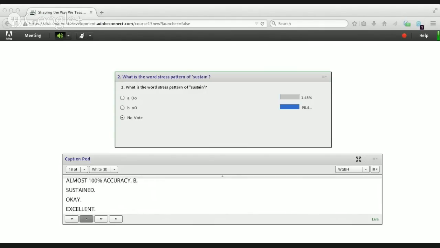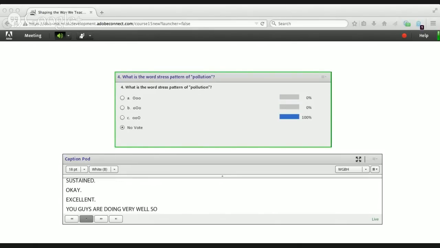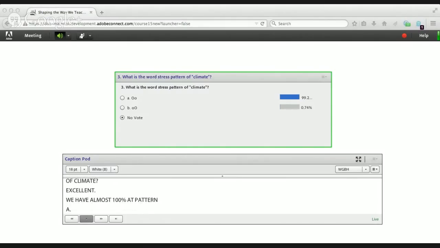Number 3. Here we go. What's the word stress pattern of climate? Da-da, climate. Excellent. So we have almost 100% at pattern A. Da-da, climate. Perfect. All right, so let's go on to number 4.